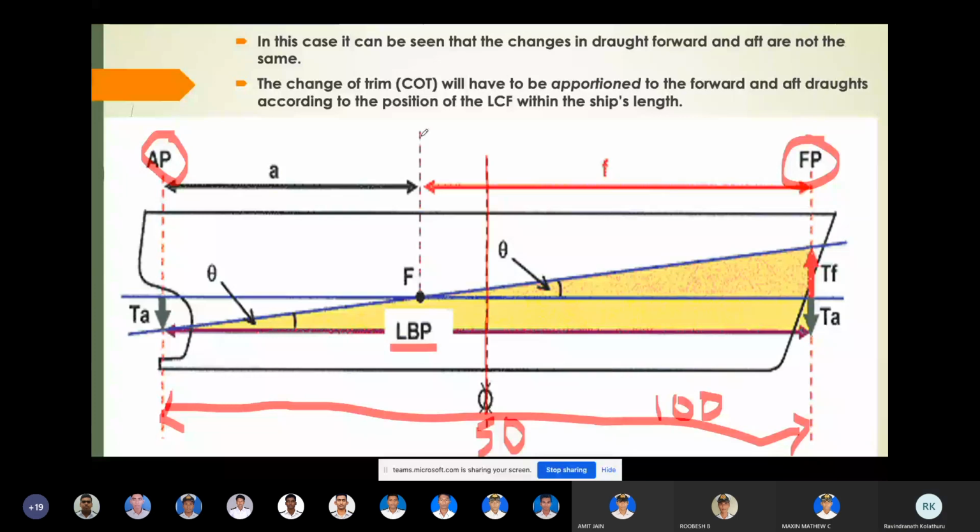F is somewhere here. What do you think the value of F will be? Anything less than 50, right? It can be anything from 49 to 50, anything less than 50. Now in this example, let's say my F position is 40.